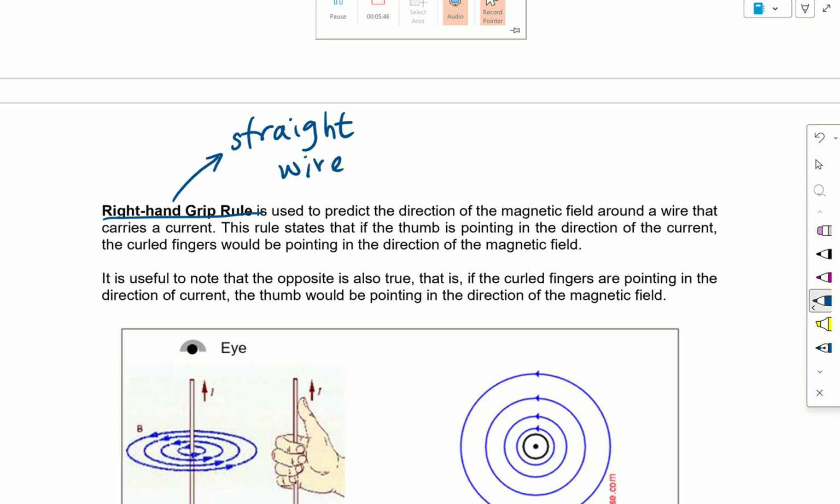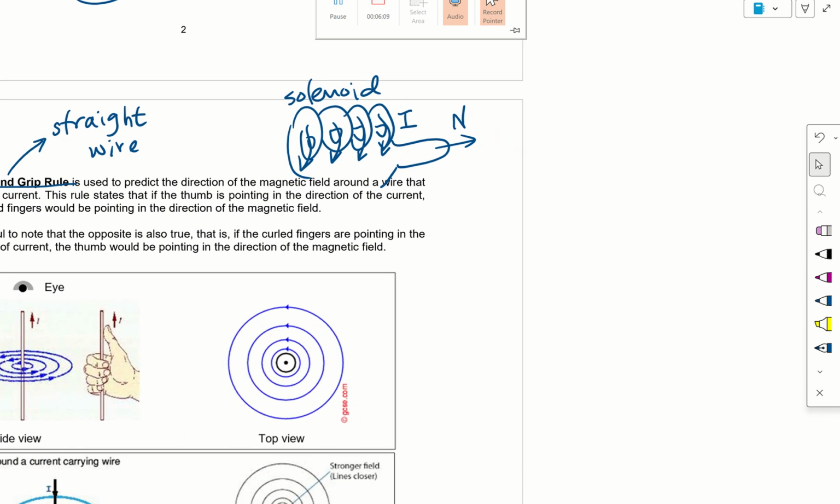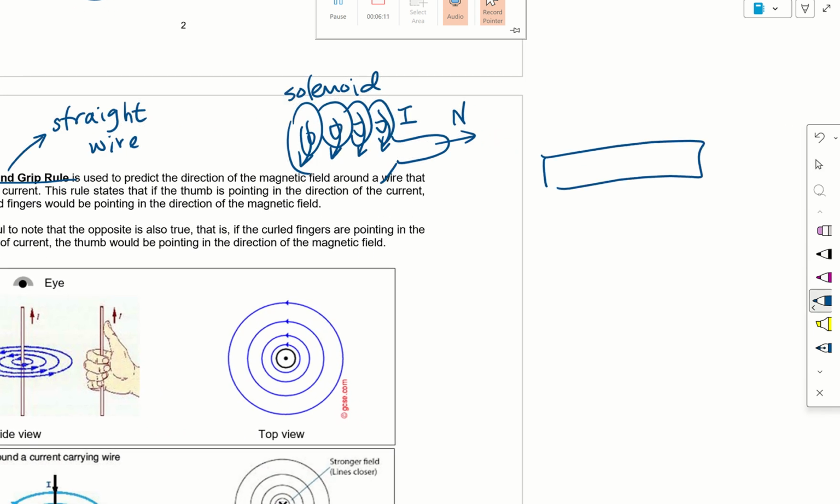For the right hand grip rule that we learned in the previous chapter for solenoid, let me do a very quick recap. This is the thumb. For solenoid, the thumb points to the north, whereas the fingers point in the direction of the current. Maybe we can do a very quick exercise to see if you can recall.